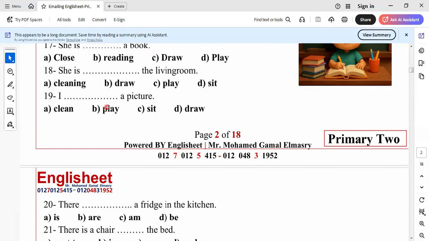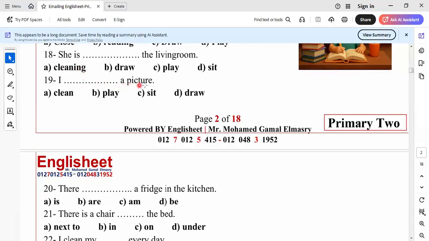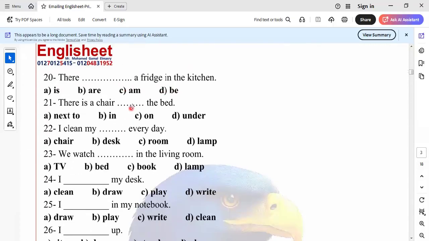So here it will be a picture. So here it will be she is cleaning. Why did I select cleaning here? Because here we have the verb to be, am, is, are plus verb plus ing. So the correct answer will be cleaning. I draw a picture. Let's go to another one.